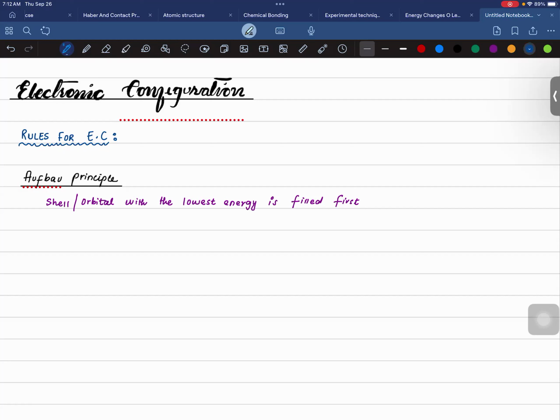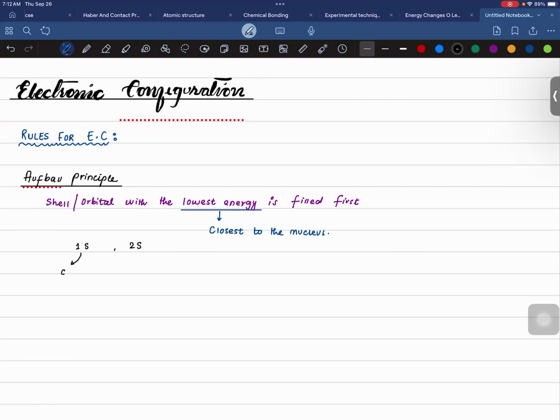Lowest energy means the orbital which is closest to the nucleus. Let's suppose I have two orbitals, 1s and then 2s.